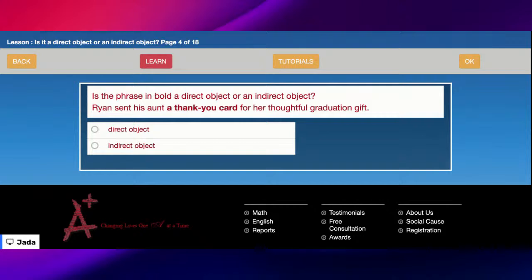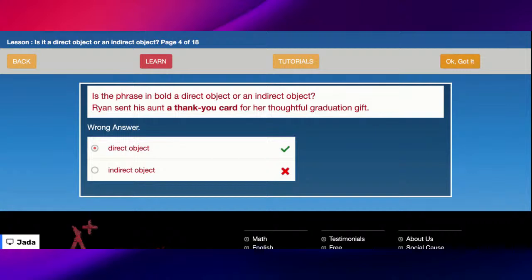Okay, so what's our answer for this one? Ryan sent his aunt a thank you card for her thoughtful graduation gift. So, sent will be the verb, and then the card is the direct object. To whom did he send the card? He sent it to his aunt. Okay, so if he sent it to his aunt, you have to figure it out.